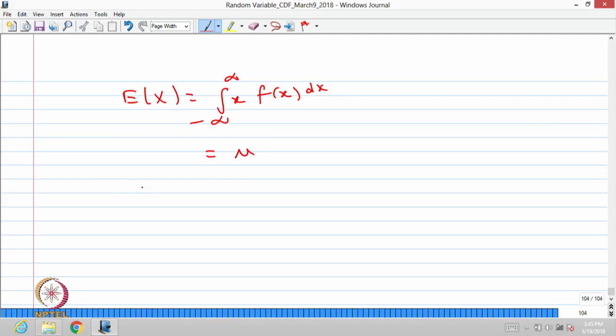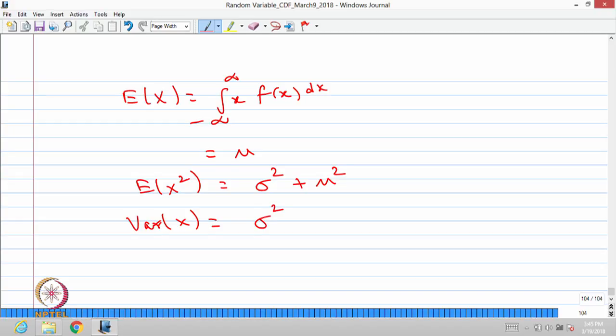Similarly, if you compute E of x square, you will get sigma square plus mu square. Therefore, the variance of x is E of x square minus E of x whole square, which gives sigma square.